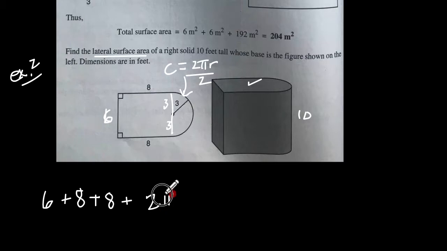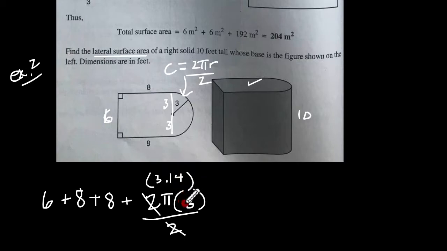2 pi, r is 3, and it's half of a circle, so we're going to divide it by 2. When you're adding these together and multiplying this together, you're going to make pi 3.14.